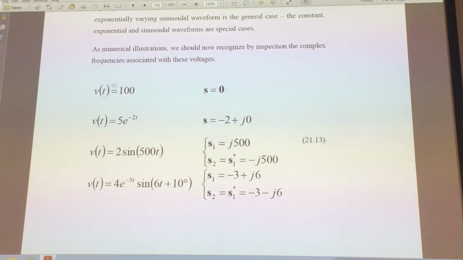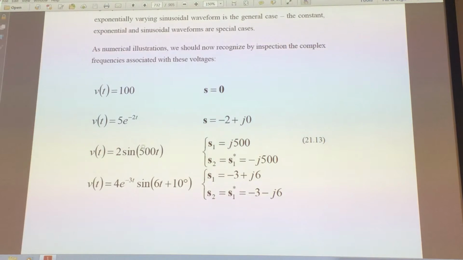So if we have a signal which is a constant, our complex frequency is just 0. That's the easiest one. If we look at the exponential signal, our complex frequency is just real, and the imaginary part is 0. So you can see now that the imaginary part is responsible for the sinusoidal behavior of the signal, and the real part is responsible for the rate of decay.